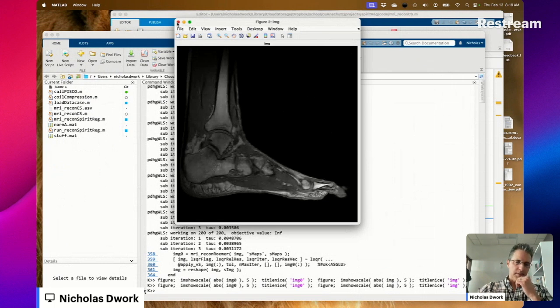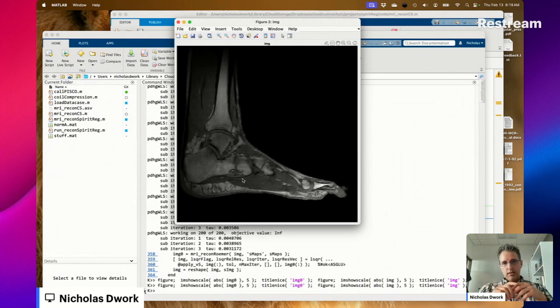The reason this is a bummer is that when we included the sensitivity maps, then it got a much better result.